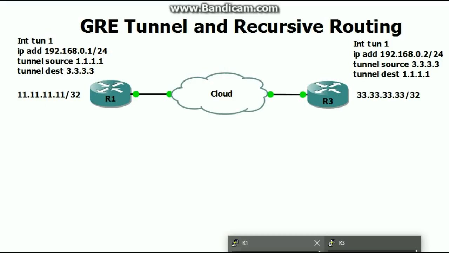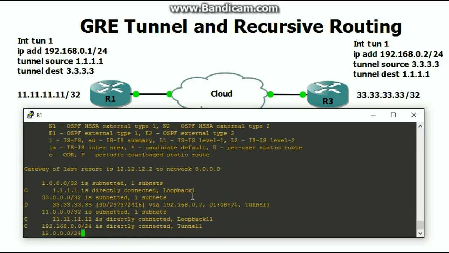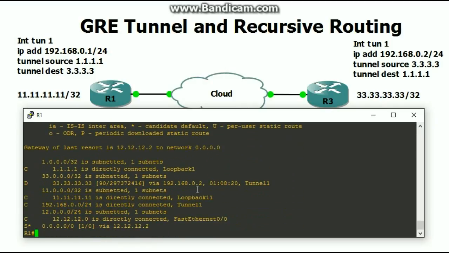All right, so let's get to router 1, and let's do a show IP route. And I have my directly connected networks, but I don't actually know, well, that's the 33 network, but I actually don't know how to get to the 3.3.3.3 network. Well, how is this working?